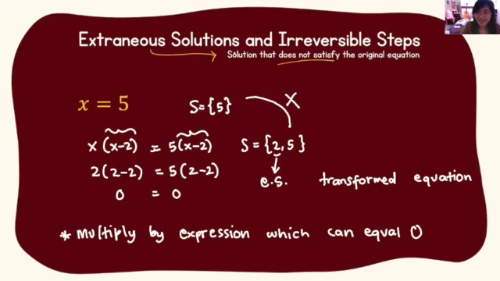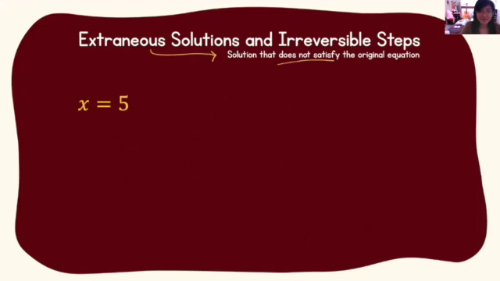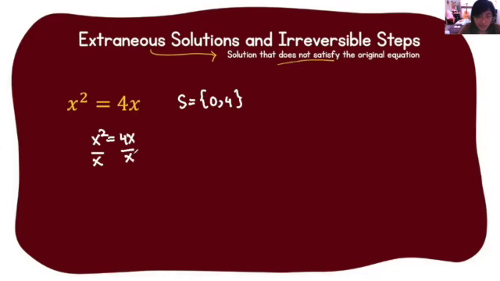But on the other side, you need to also be careful with this. Now, here I have x squared equals 4x. For x squared equals 4x, we have two solutions. It can be 0, it can be 4. But if, during solving the equation, you divide both sides by x, you will get x equals 4.